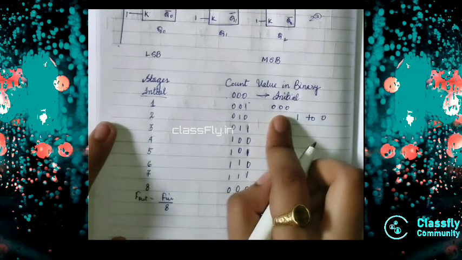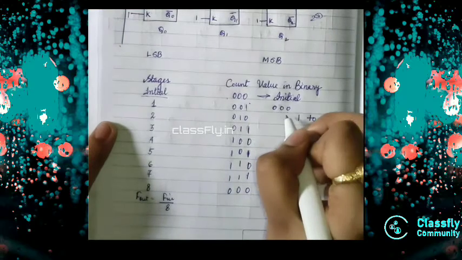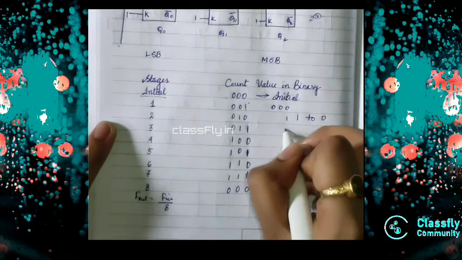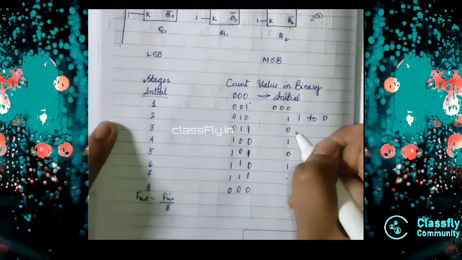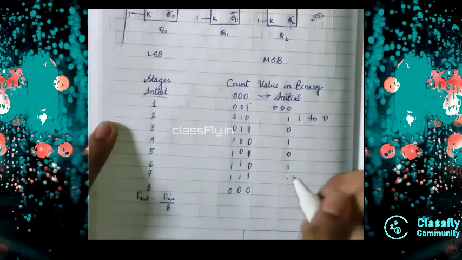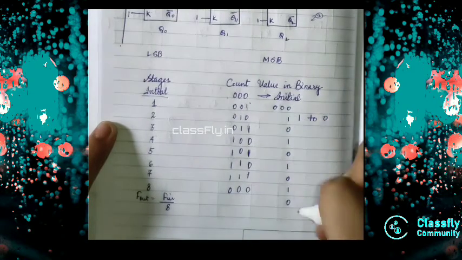This is the initial state, right? First write 0 1 0 1 0 1 0 1 and 0. Write like this.